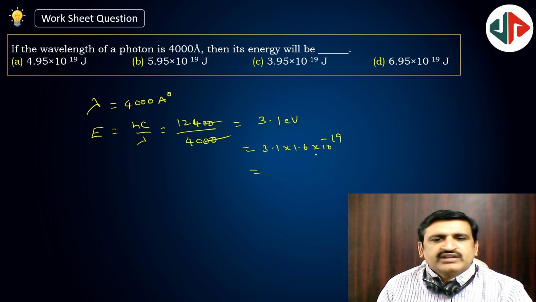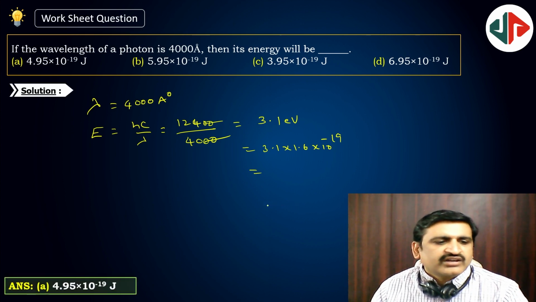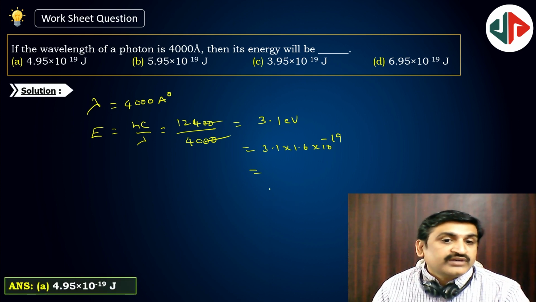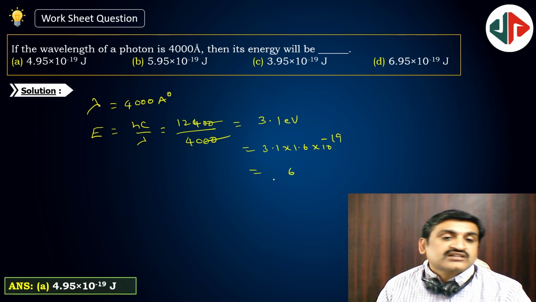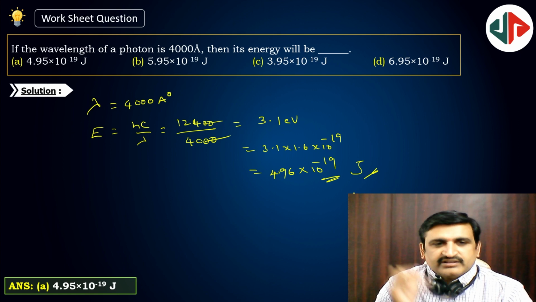So it is roughly seen, right? Or you have to multiply: 16 ones are 16, 16 threes are 48, into 10 to the power of minus 19. So no guessing, only calculations.